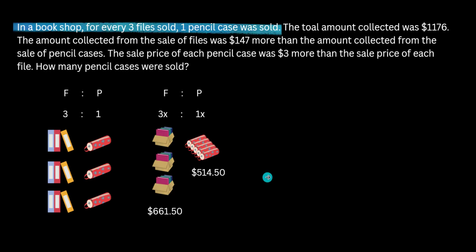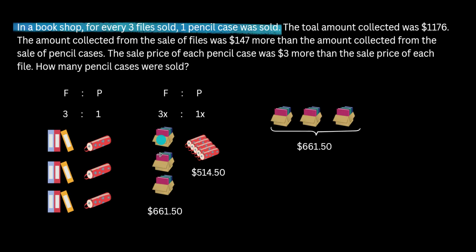And from the previous slides, we know that this 3x, which represents the number of files being sold, was $661.50, and the 1x, or the number of pencil cases sold, is $514.50. Now I'm going to take this because I know 3 such groups came out to be $661.50.